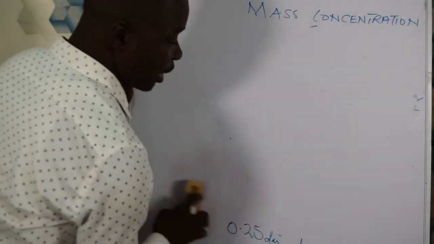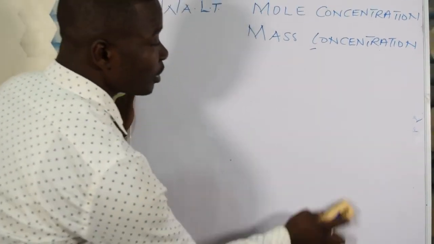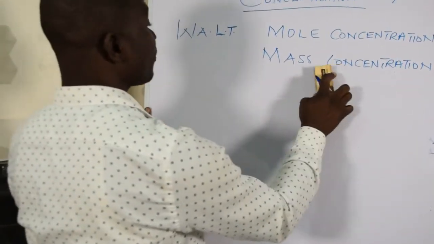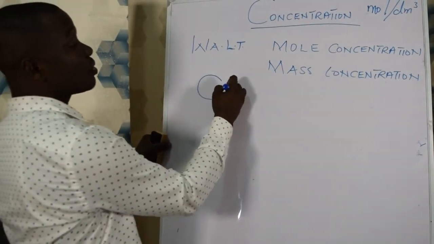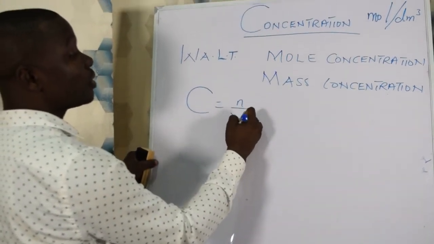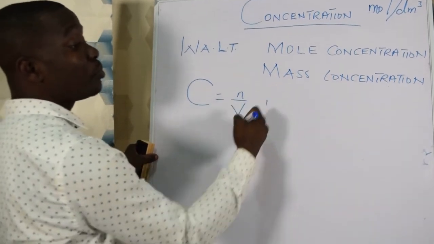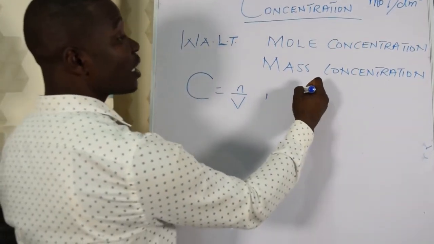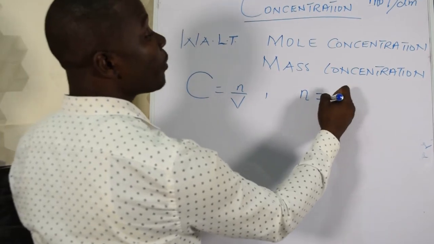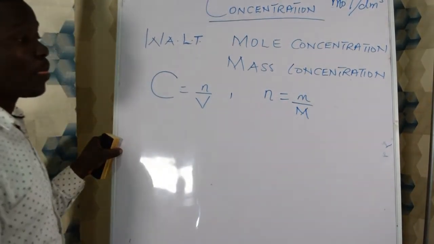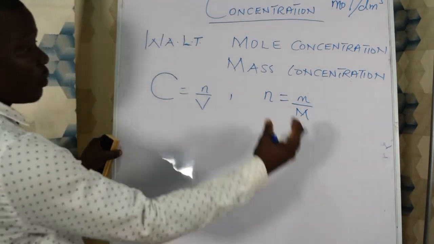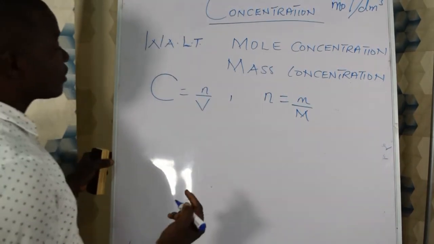There's one thing that I just want to add. We know that concentration is equal to n over V. And in our previous lesson, we said that n is equal to small m over big M, mass over molar mass. Now, we want to recreate.